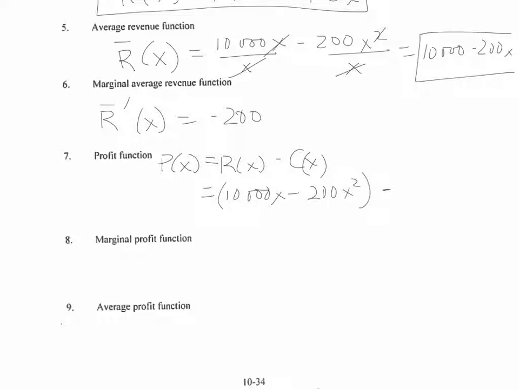And then we want to subtract the cost function, which was 6,000 minus 40x plus 0.006x squared. Ooh, ran out of room. Okay, let me see if I can scoot that over a little bit.